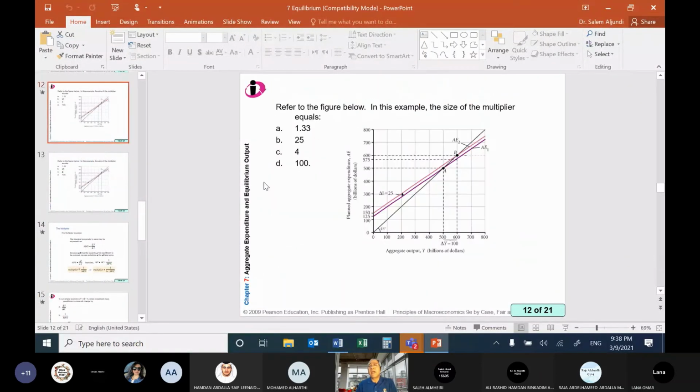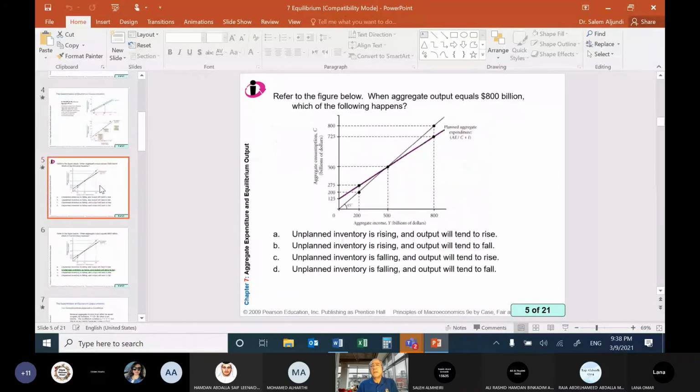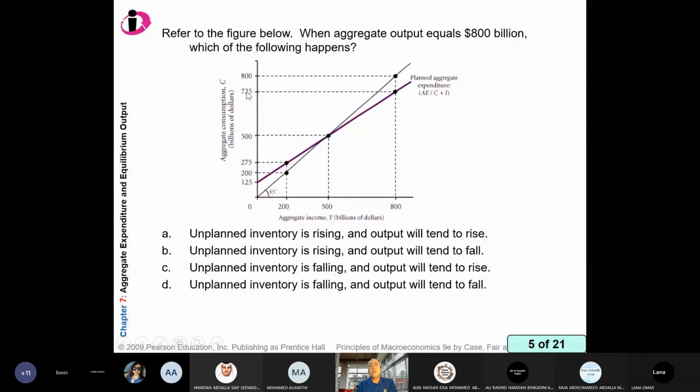So see here in this diagram. So here, if the planned aggregate expenditure is 725, which is less than the aggregate output of 800, what will happen? Demand is lower than supply.